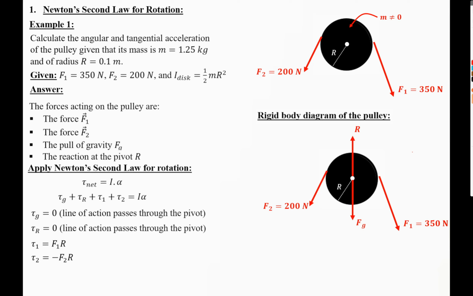Okay, so let's now replace them. Tau 1 is F1 multiplied by R, and tau 2 would be minus F2 multiplied by R, and let's replace them in this equation here.